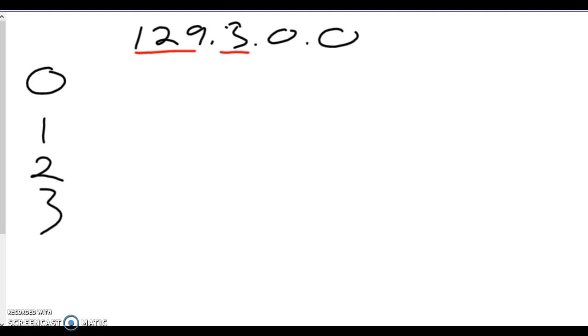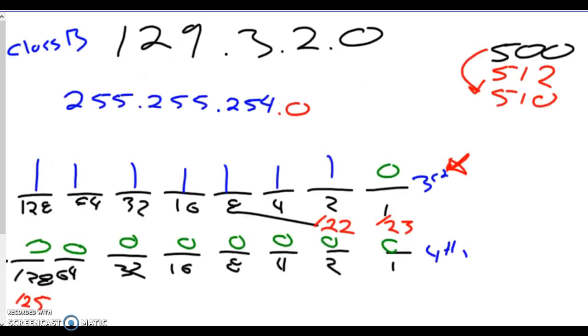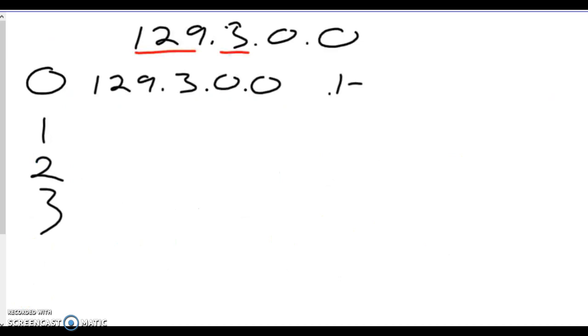The first one, 129.3.0.0. And we needed 512, I believe. Yeah, 512. So we increment to 1, and then go to 254. And our broadcast will be 255.